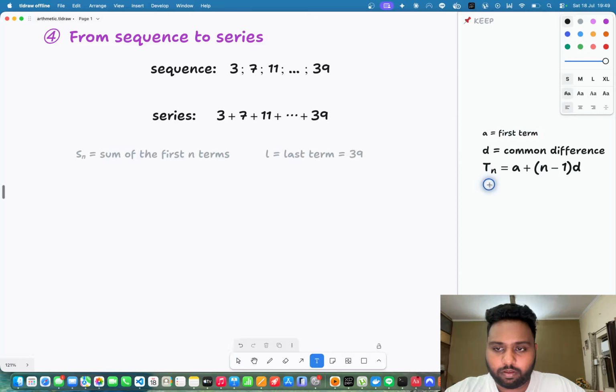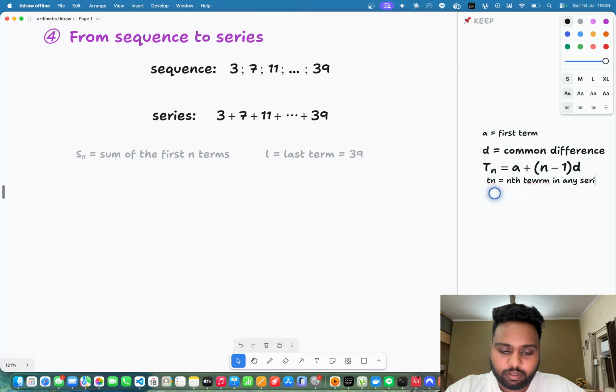So we have d as the common difference, a is the first term, and T of n is equal to the nth term in any series.